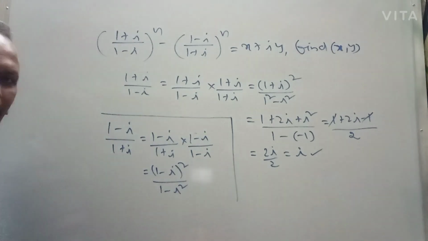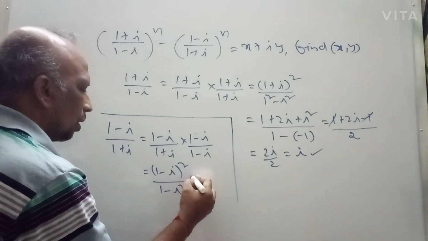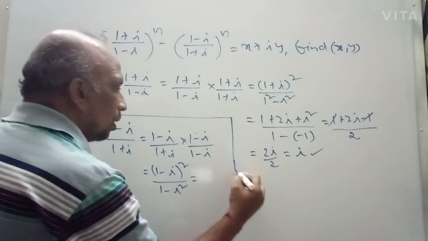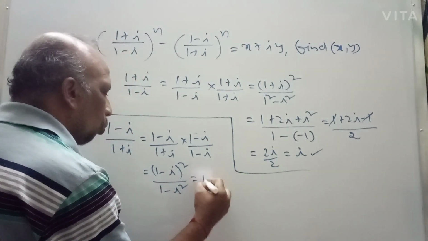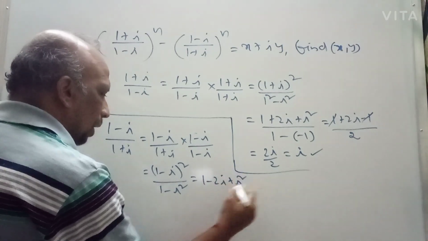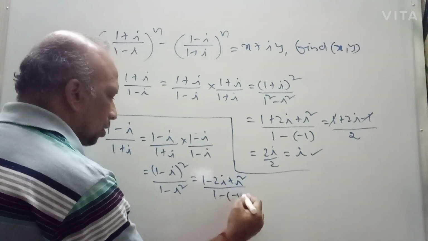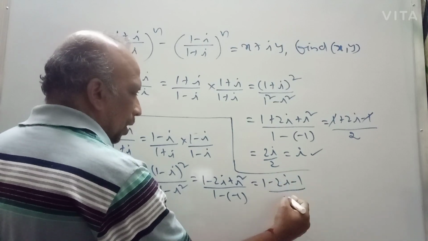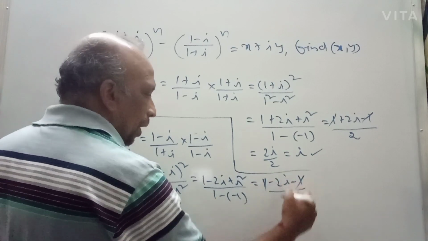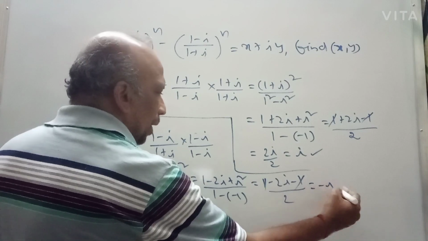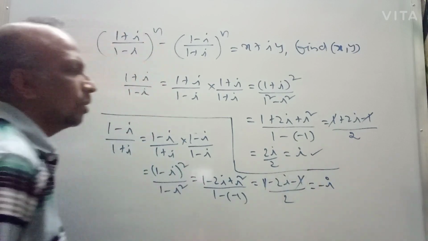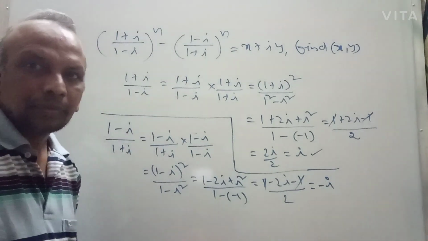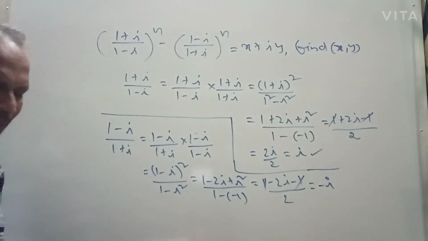If you simplify this, I will get 1 minus 2i plus i square by 1 minus of minus 1. This is 1 minus 2i minus 1 by 2, so you will get minus 2i by 2. It will come minus i. Just remember, this is i, this is minus i. Correct, you got the value of that.